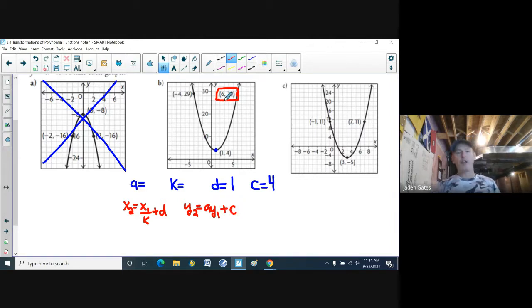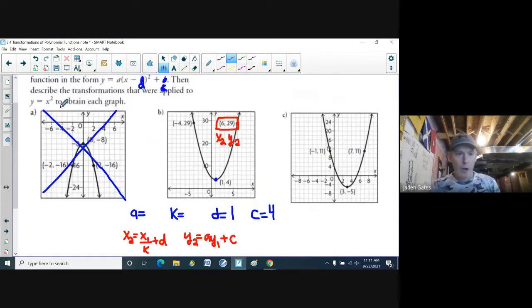Now, this is where things get a little different: this is our transformation point. So that's our x2 and that's our y2. The 29 is our y2 and 6 is our x2. Now, on a quadratic, when you go 1 over, we have the original function of y equals x squared.